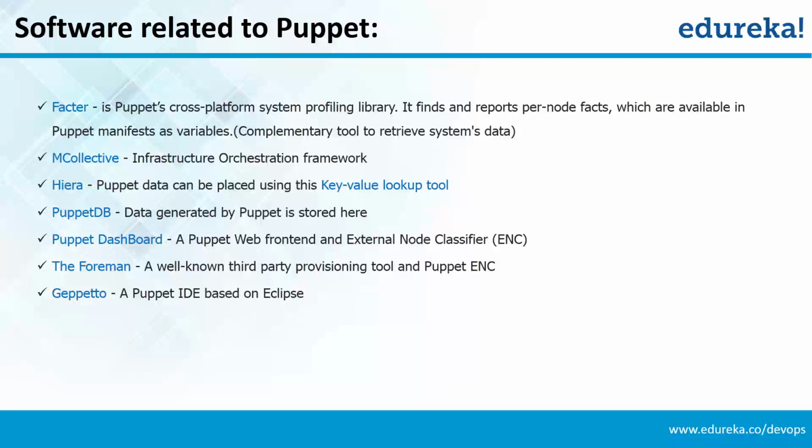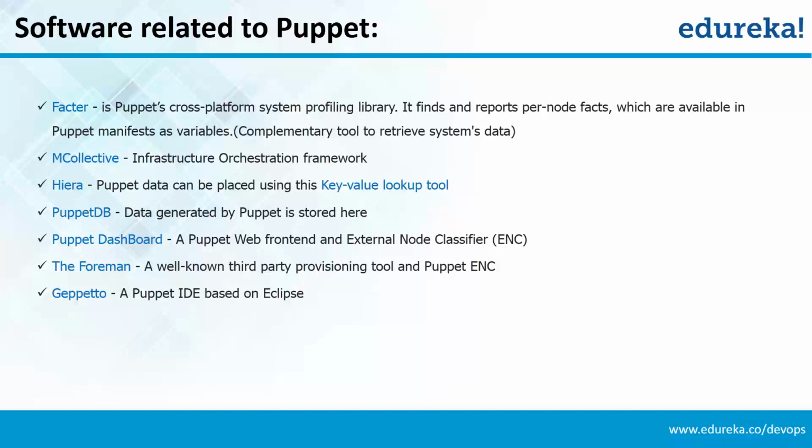Data generated is usually stored. You don't want to throw it away. You want to retain it for a larger period of time. So we do not cover PuppetDB in the rest of this course, but just be aware that if you want to store the data for future use, for referencing, or for reporting and archival purposes, you would be using PuppetDB itself. At the back end, by default it is PostgreSQL.